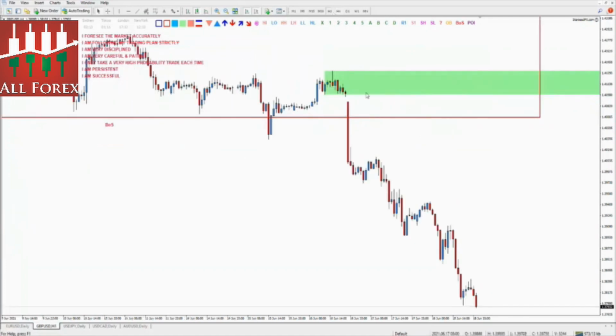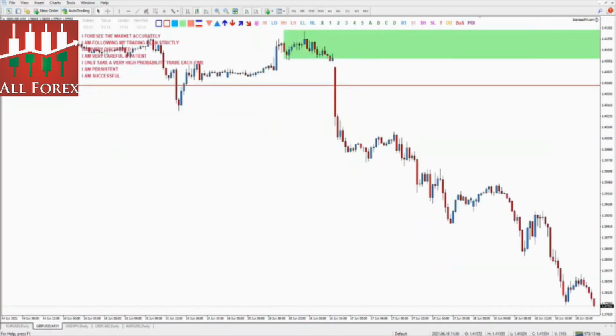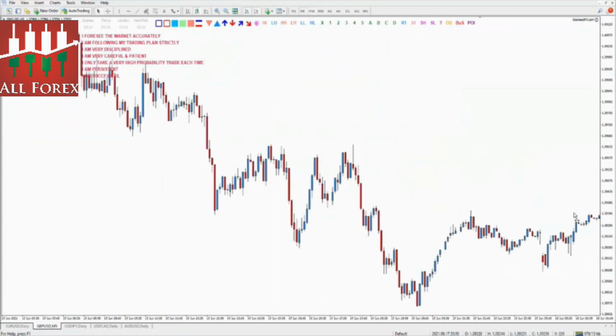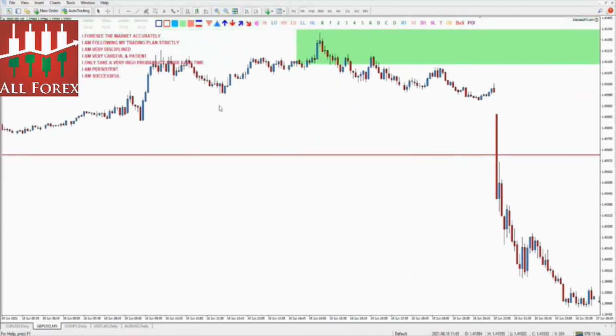And now let's take a look on H1. This you can also refine into here. When you refine, take a look here. Now this is on M30, okay? And then let's take a look again. Still the same. Let's take a look again here. This is on M5. So you can keep refining your order block into smaller and smaller.